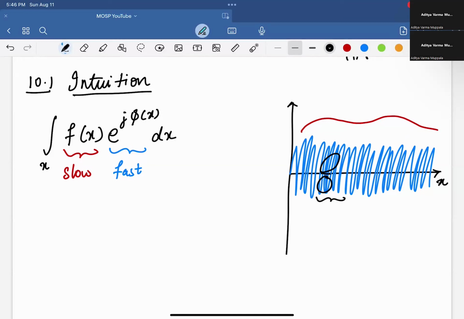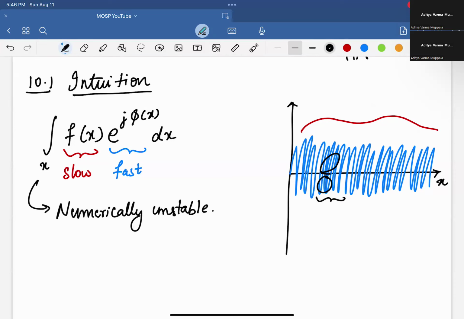Another thing to keep in mind is that integrals like this that oscillate very fast are numerically not very stable. So this would be numerically unstable. What does that mean?